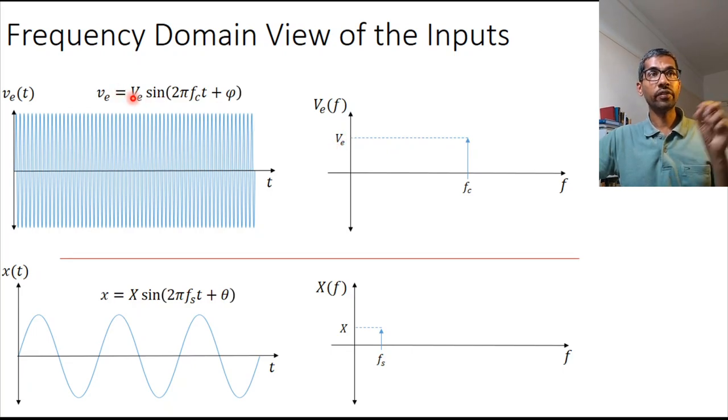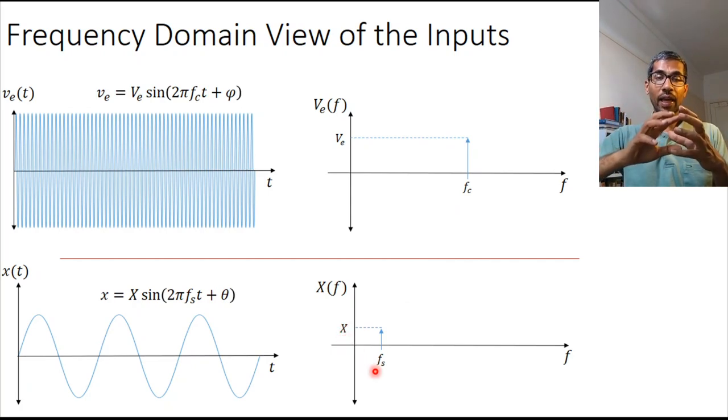Just based on VE and fc, I can plot this sinusoid like this. At the same time, I can plot this change in physical quantity, or this X, on the frequency domain, again with one impulse, but this impulse will be at frequency fs, which is much lower than fc, and an amplitude of X, let's say.